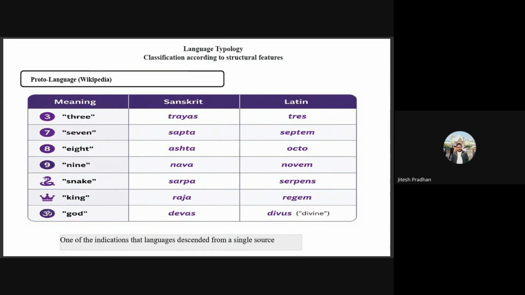Now in English we write it three, in Sanskrit trayas, in Latin tres. These three have different structures, but their meaning is very much the same.